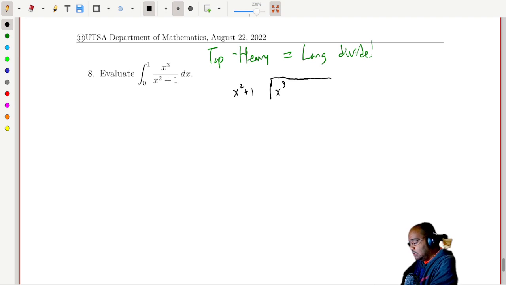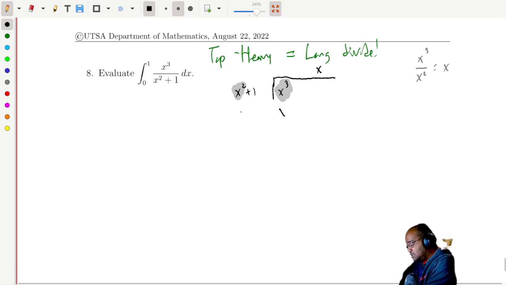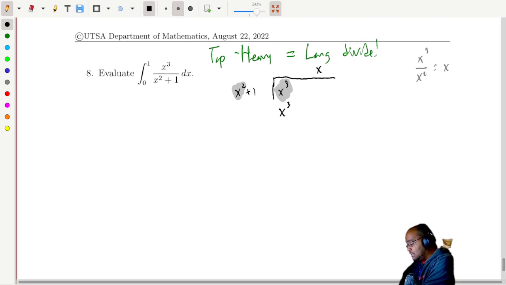All right, we look at the highest degree terms first, okay? So x cubed divided by x squared, that's just x. X times x squared is x cubed. And then x times 1 is just x. Okay, we subtract.